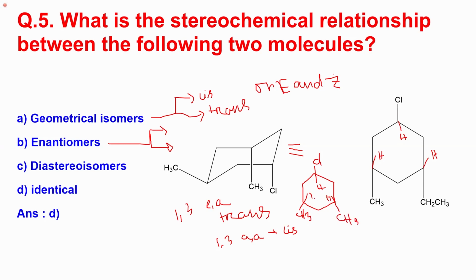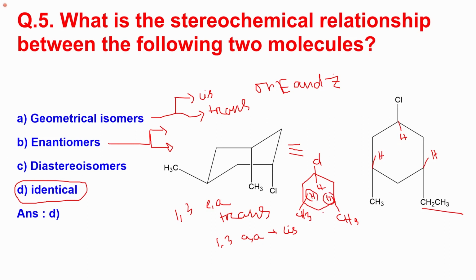I'm sorry, this structure is wrong, because here it is also written CH2 CH3, but actually it is CH3 and CH3. But the answer will be identical. Now you can see, here these two hydrogens are above.